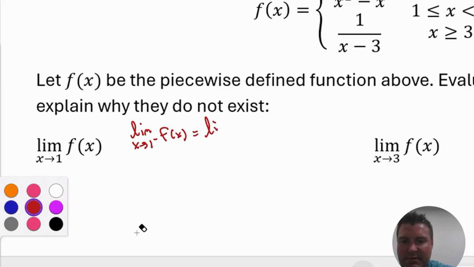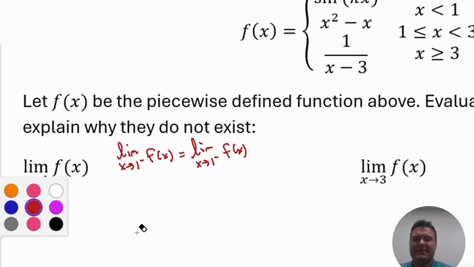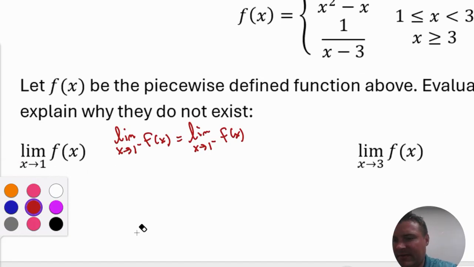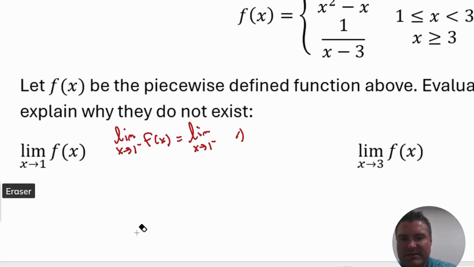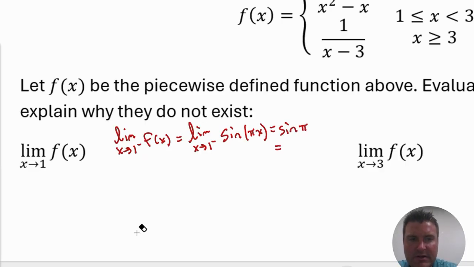So for this problem, as you approach 1 from the left, that's actually going to be the top piece here because we have sine of pi x to the left of 1. So actually, I'm not going to write down that f of x. I'm actually going to plug in sine of pi x. And actually, I can do a direct plug-in at this point, and I can just plug in a 1. And I'm going to get sine of pi. Anybody know what sine of pi is? Hopefully you know that. That is going to be 0.